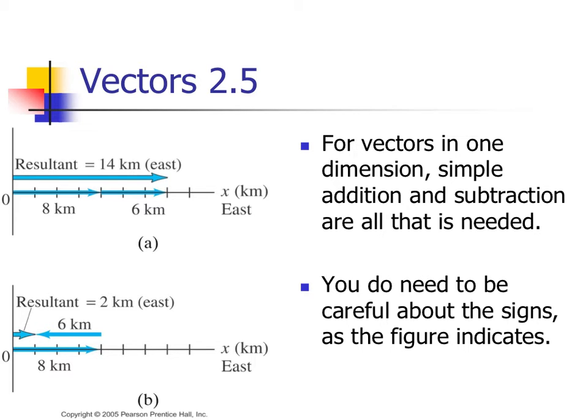Or how far do you got to walk? And that becomes the, where's the gas station at? And how far from where you are? You are 2 kilometers east of the gas station, or the 0 point, or the point in which you start.